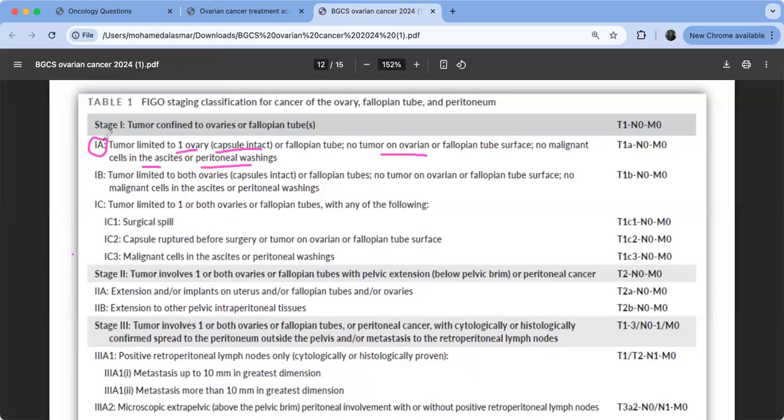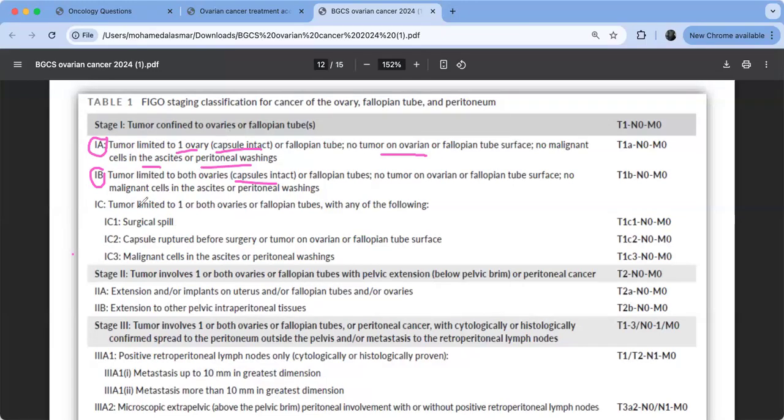What is the prognosis of 1A? What do you think? If only the tumor is limited to one ovary and nothing else, capsule intact. Very good, yes. Okay, 1B. 1B is a tumor limited to both ovaries, but the capsules are intact. No malignant cells in the ascites or peritoneal wash. Still good.